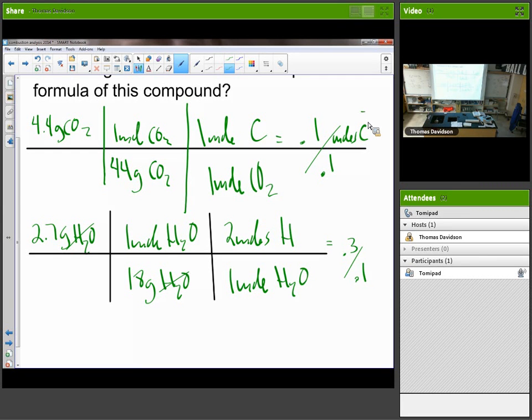I get 1 and 3. So my formula then is CH3. So then you take the lowest one again? Uh-huh. Once you get it to moles, you're ready to go.